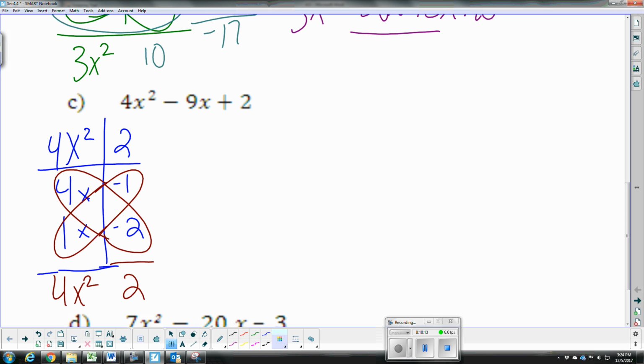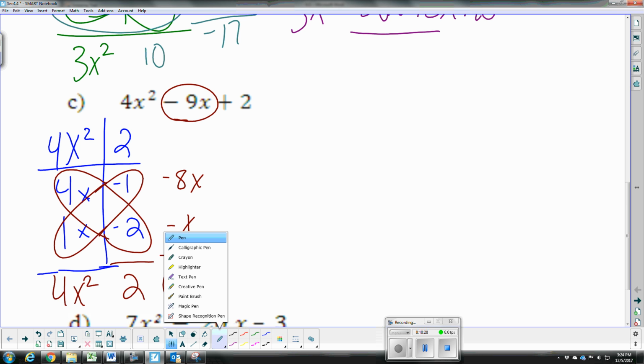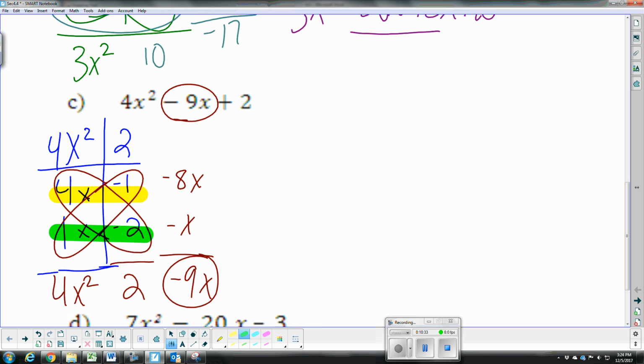So 4x times -2 is -8x. 1x times -1 is -x. So now that equals my middle term, which is -9x. So now I can go through, that will be one group, and this will be my next group.